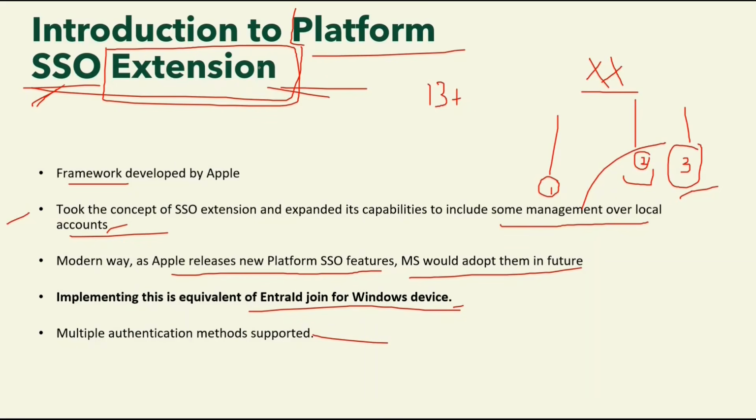When you are implementing Platform Single Sign-On extension, you have got 3 flavors inside of it. I'm going to just let you know that there are 3 flavors. We will talk about these flavors later on, but for now, just know that there are 3 flavors. These 3 flavors are nothing but authentication methods that are supported by Platform Single Sign-On.